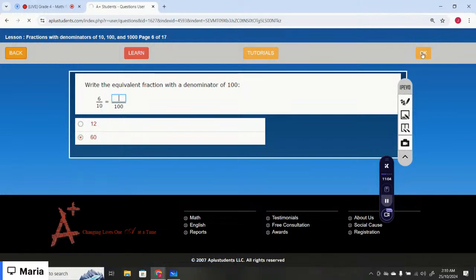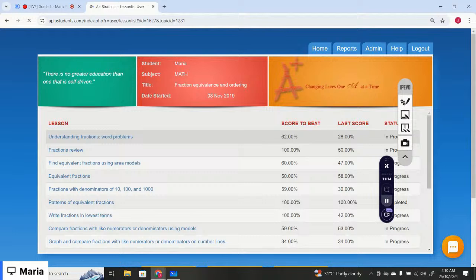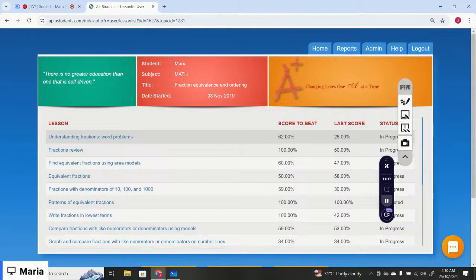The next lesson is patterns of equivalent fractions.